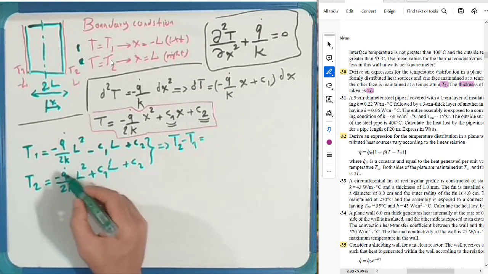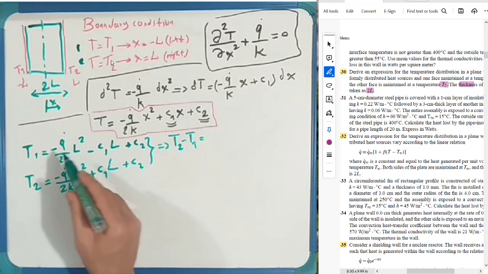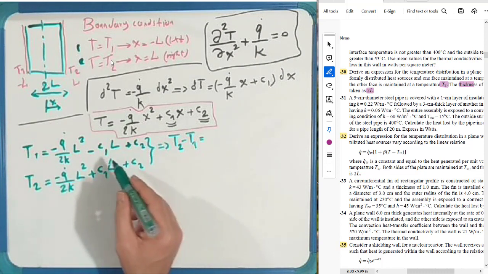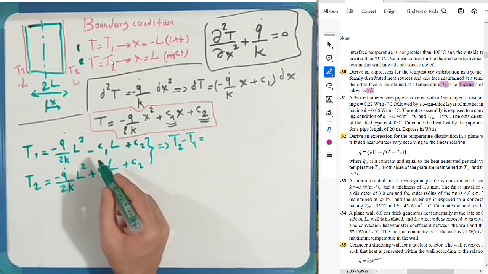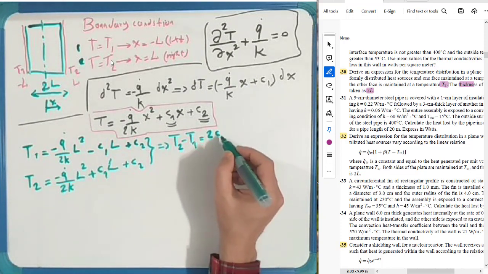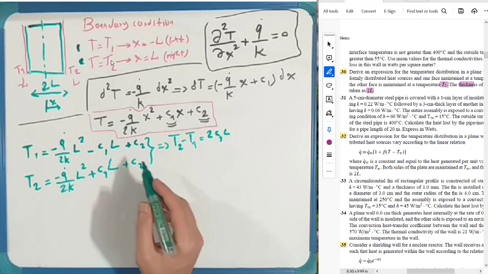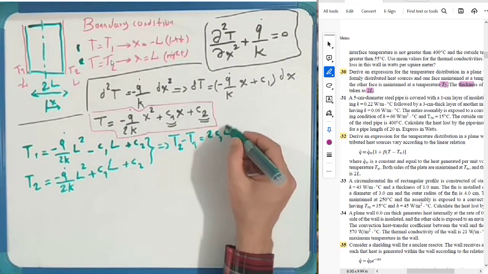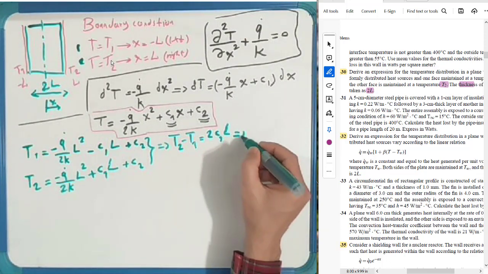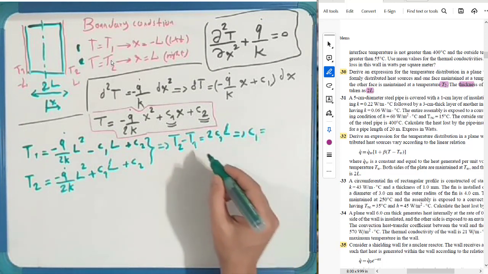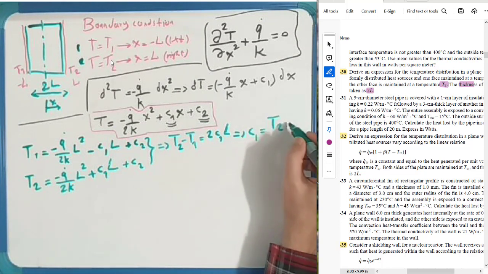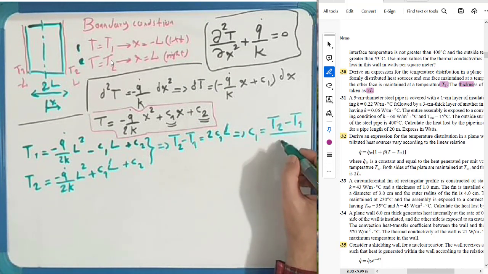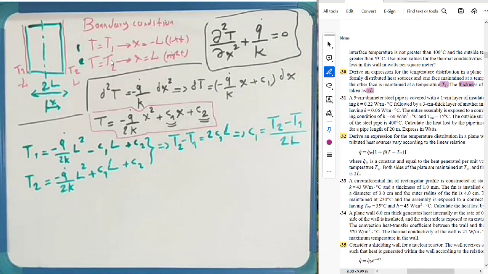These two terms eliminate each other, but I have 2 times C1 L. Then C1 equals T2 minus T1 over 2L.